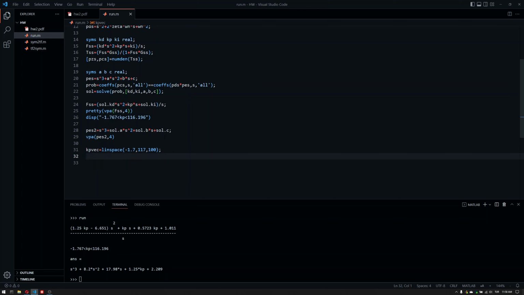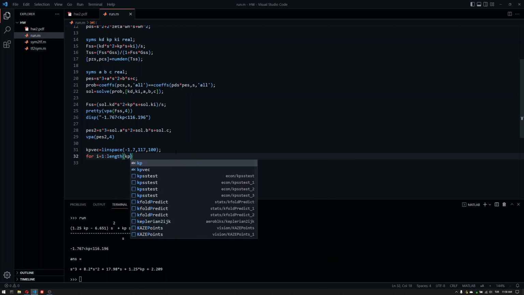Now for each kp value, I plug it into PES2, the residue polynomial here, and then look for the roots. Once I have done that, I need to see which root I'm interested in. Maybe not the roots directly, but I could do something else. Let's open up our for loop here from 1 to length of kpvec.